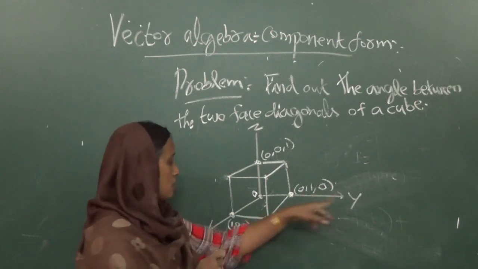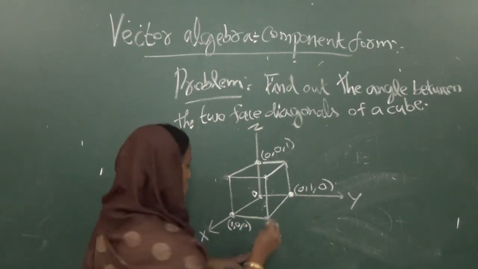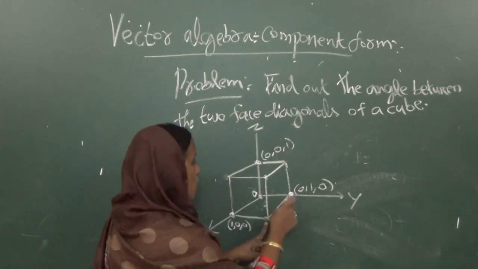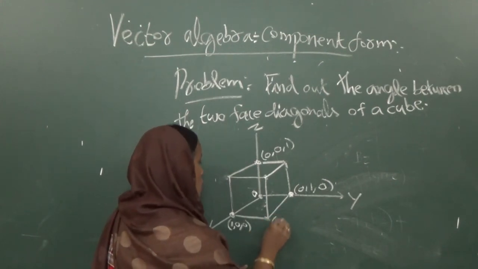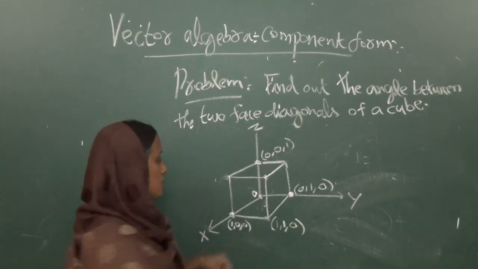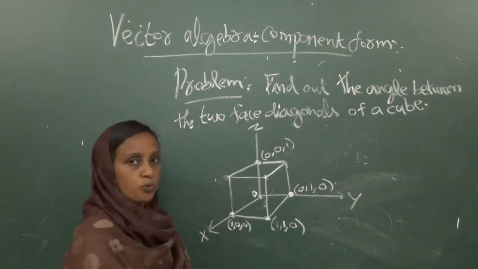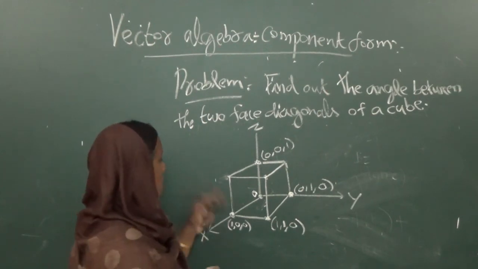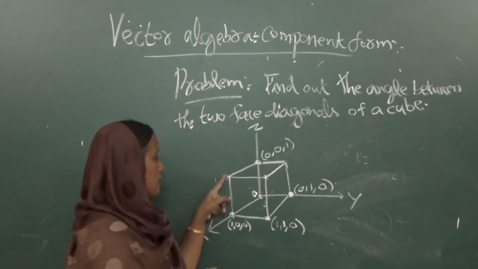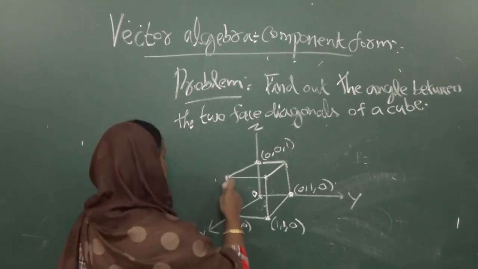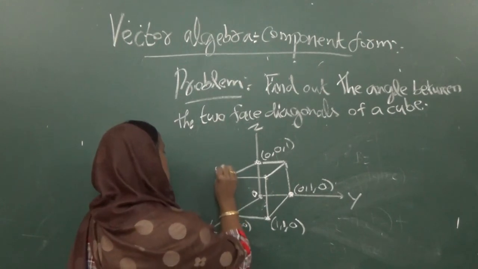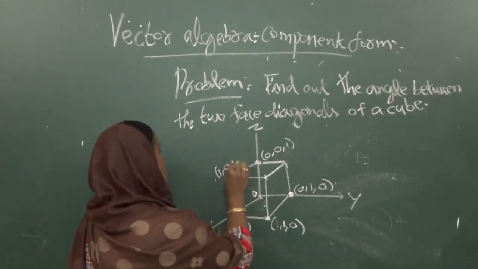This point lies in the xy plane, so this coordinate is 1 along x and 1 along y. So this is 1, 1, 0. You can find all other points like this. What about this point? This is in the xz plane, so this point is 1, 0, 1.